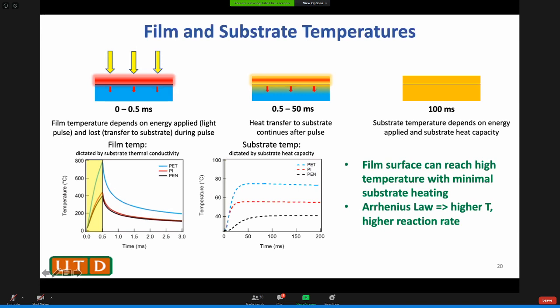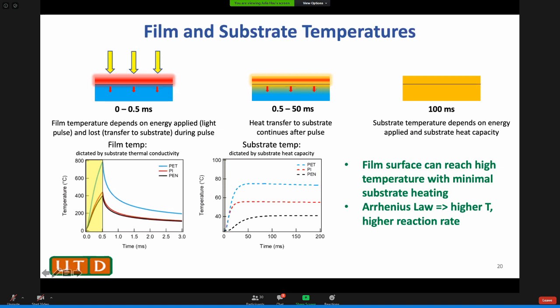Okay, so let me show you an example. We use this to pattern a zirconium oxide film as a dielectric. So you spin coat, you dry, and here I'm plotting the phase space for processing. The y-axis is radiant exposure in units of joules per centimeter squared.